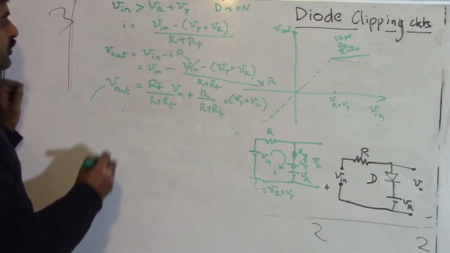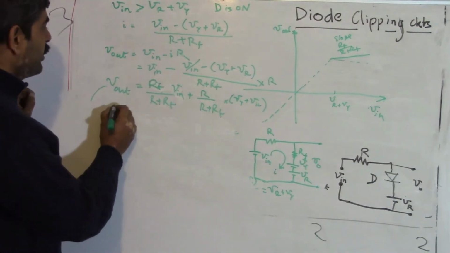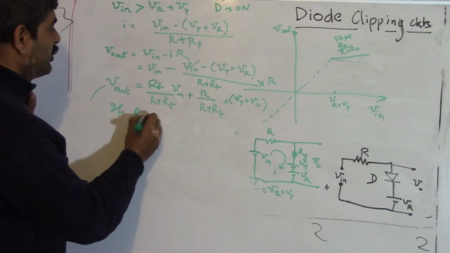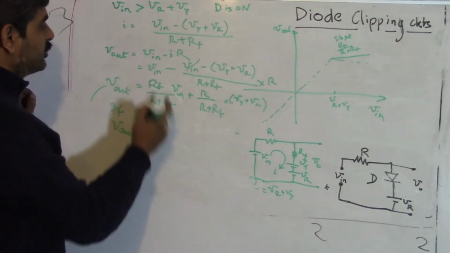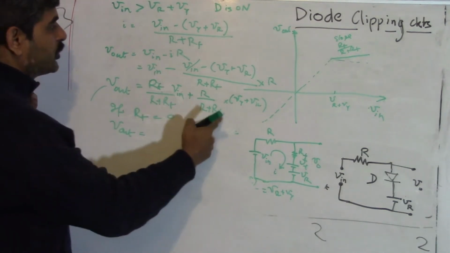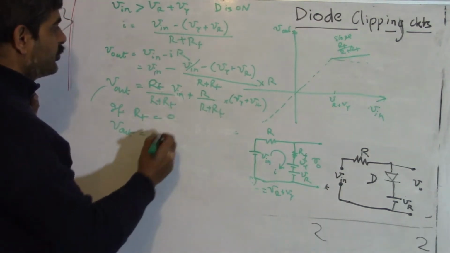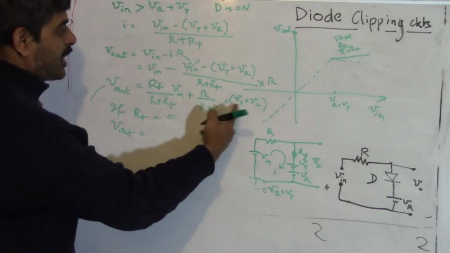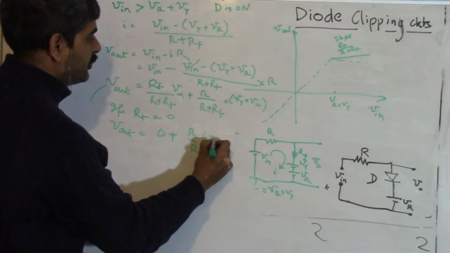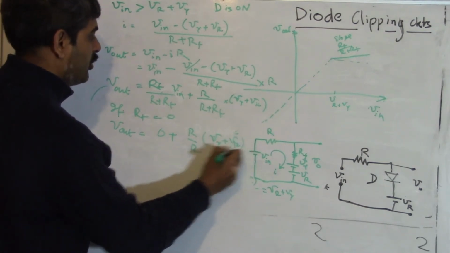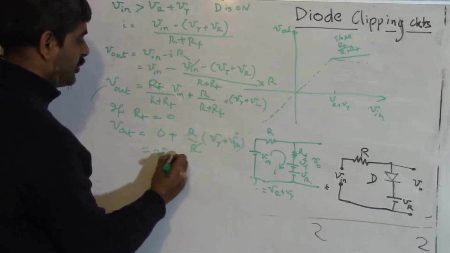If RF is equal to 0, then this thing is 0, this thing is 0, so this becomes R divided by R multiplied by V gamma plus VR, or this becomes VR plus V gamma.